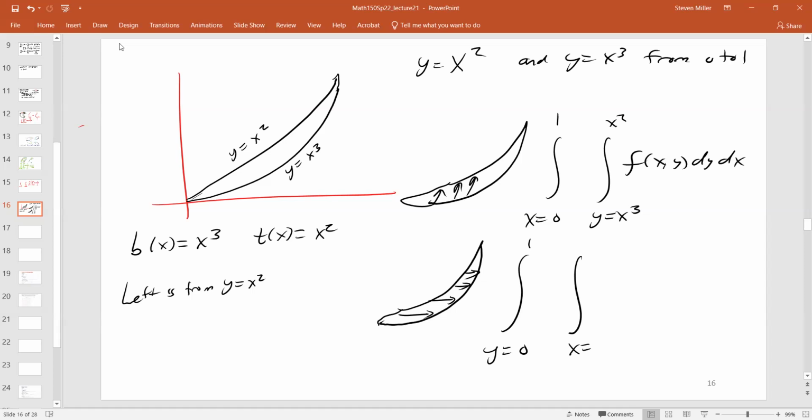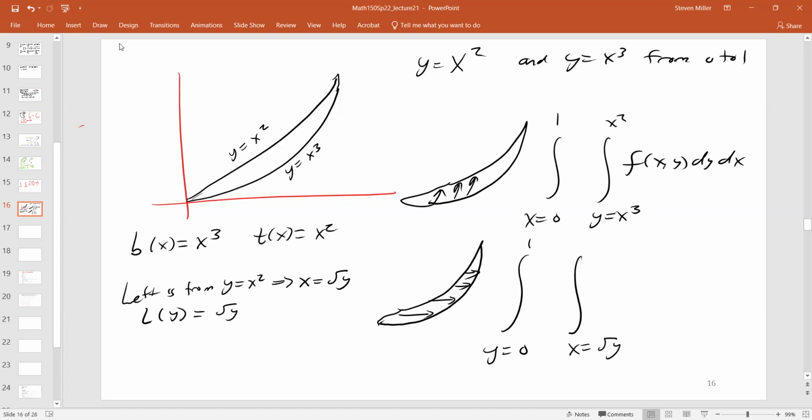Plus or minus square root of y. Okay, so which do you think it is? Do you think it's the plus or the minus square root? I guess it'd just be plus. Yeah, it would just be plus from how we have it. So this implies x is the square root of y. So the left function as a function of y is just the square root of y.